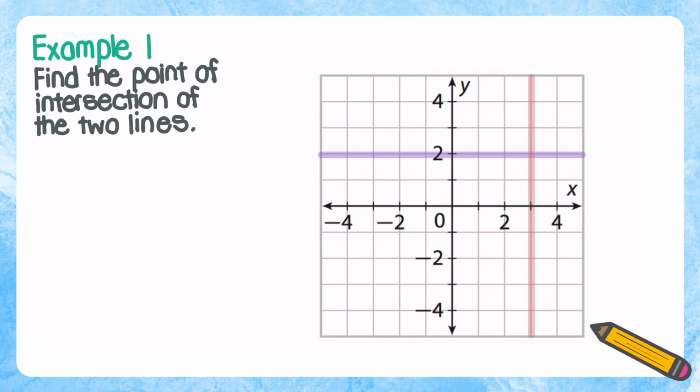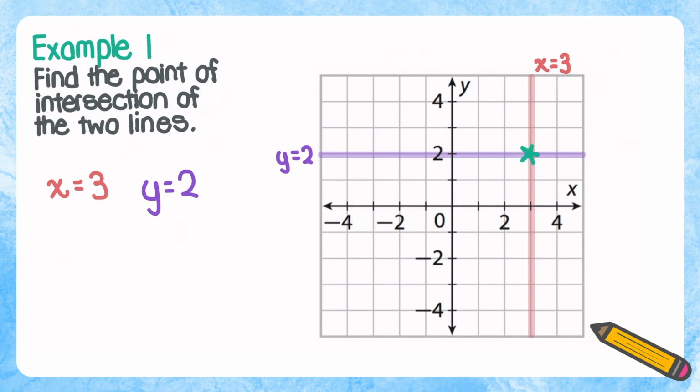The equation for this red vertical line is x equals 3 because it crosses the x-axis when x equals 3. The equation of the horizontal line is y equals 2 because the line crosses the y-axis when y equals 2.